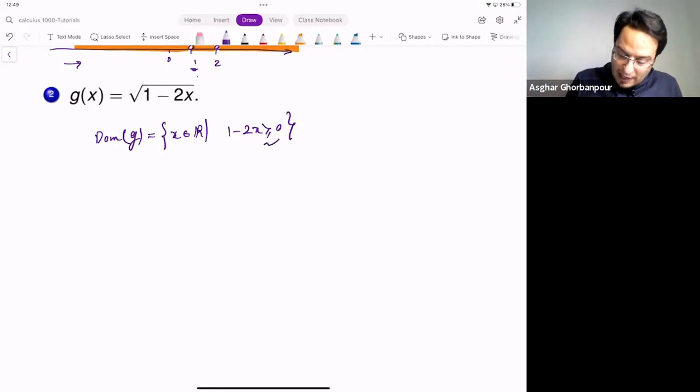Now, I want to find points which will give us this property. There are more than one way to solve this, especially for this one, because this is a linear inequality.